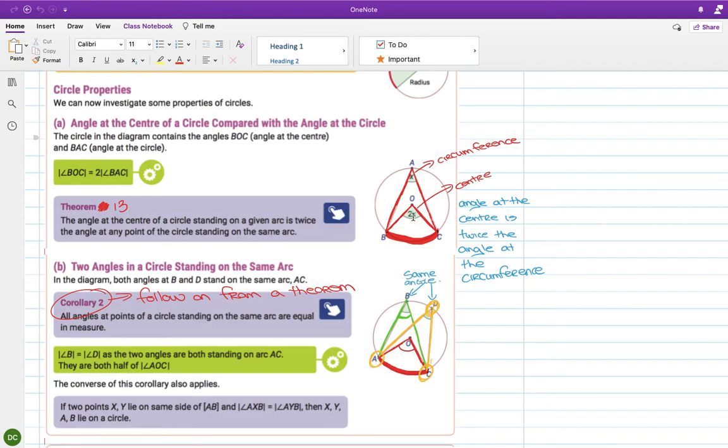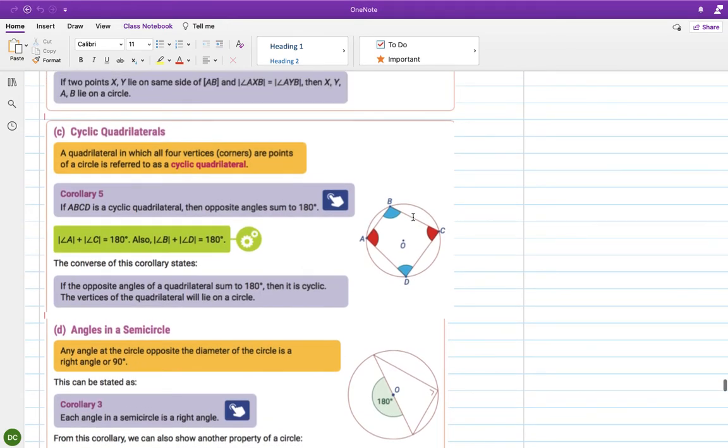I could draw 3 or 4 more, and they'd all be the same. So angles at points of the circle standing on the same arc are equal. And angles at the center on the same arc are double the angles at the circumference. So they're your 2 theorems, but like I said, they're related to each other.